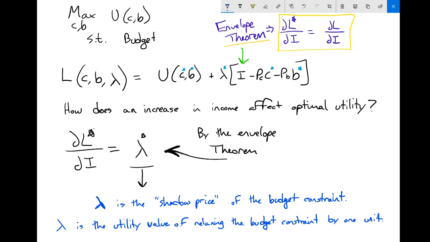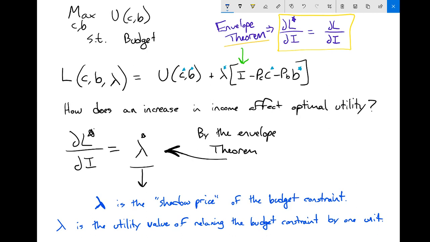Okay, so what does lambda tell us? Lambda gives us the utility value of an increase in income. And that's another way of putting it, lambda tells us the utility value of relaxing that budget constraint. That is, if you increase your income, what you're doing is you're relaxing the budget constraint. You're making the budget constraint less binding.